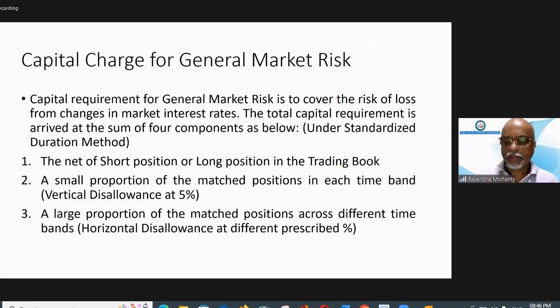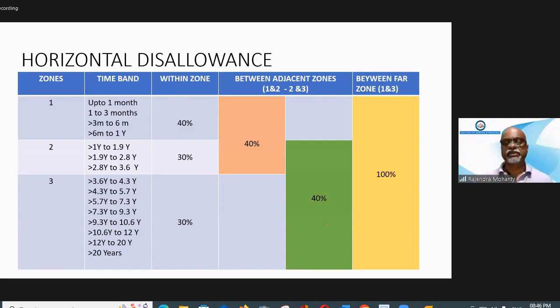As I told you, there are 15 different time bands. The investments which the bank has made are classified according to the remaining maturity. So basically a time band is nothing but the remaining maturity.